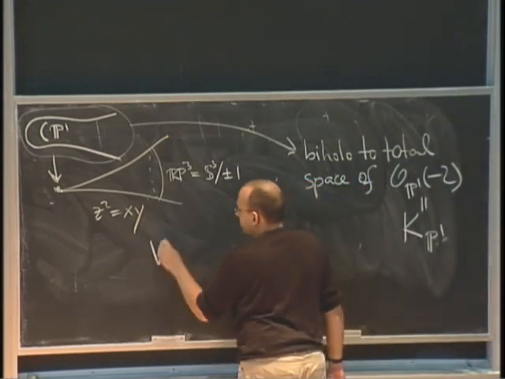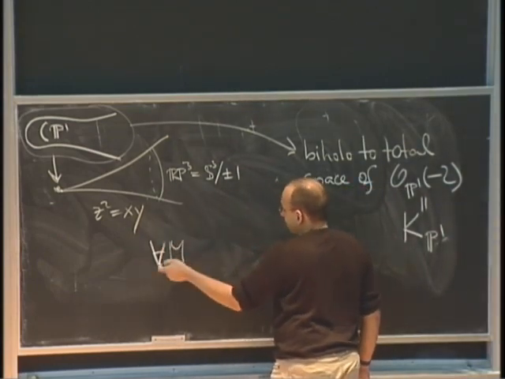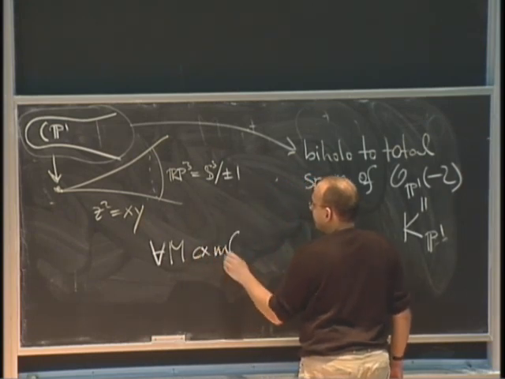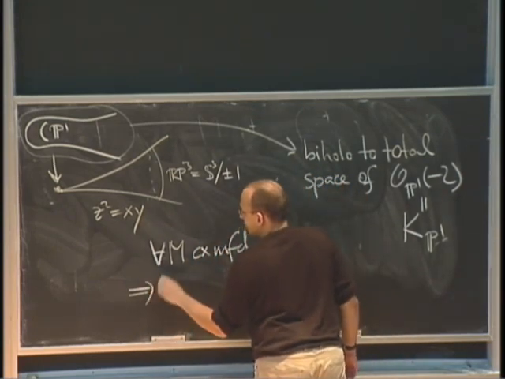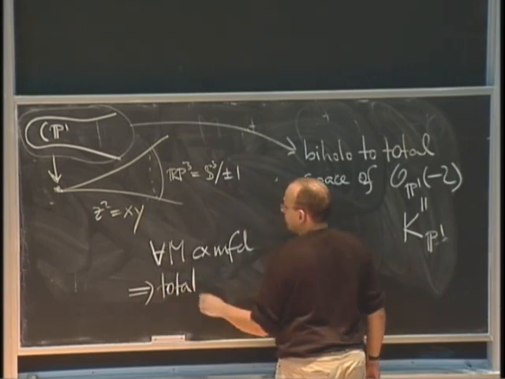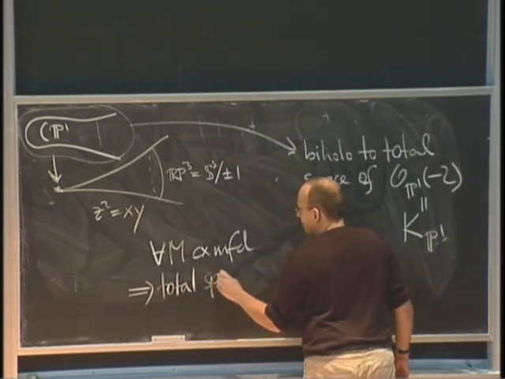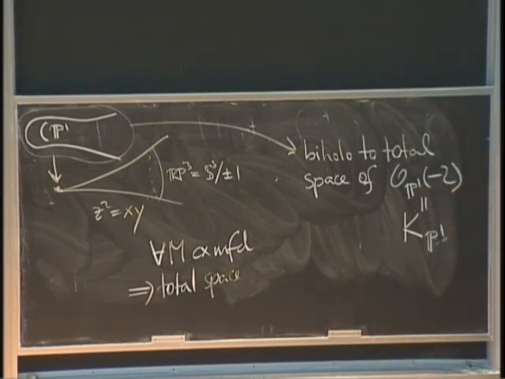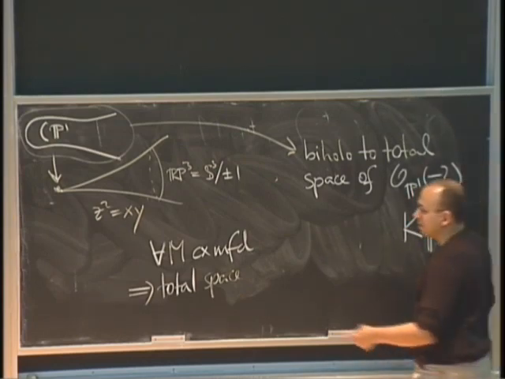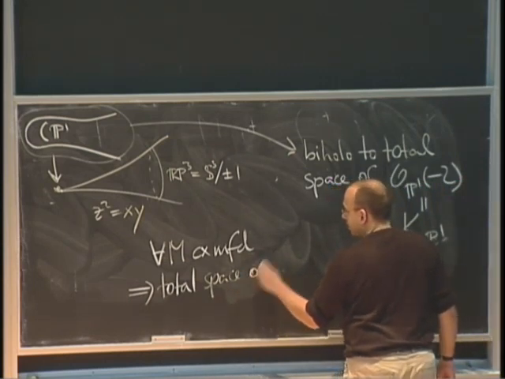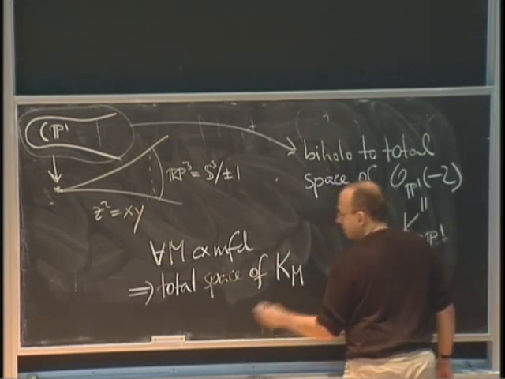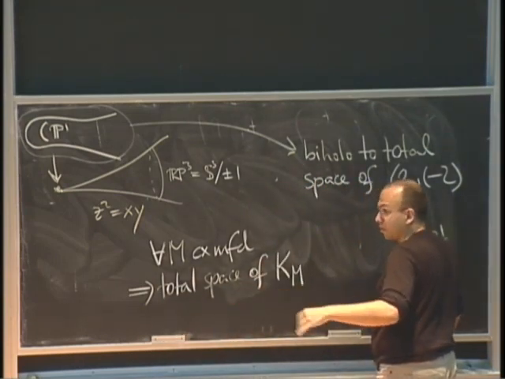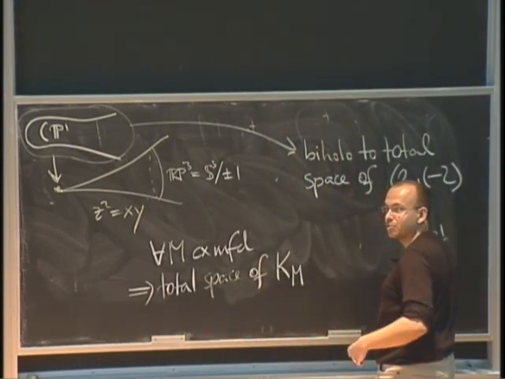Now it's a general principle that for any complex manifold, the total space of the canonical bundle has trivial canonical bundle. This is like in symplectic geometry, where the cotangent bundle of a real manifold always has a symplectic form. In the same way, the total space of the canonical bundle has a nowhere vanishing tautological top degree holomorphic form.